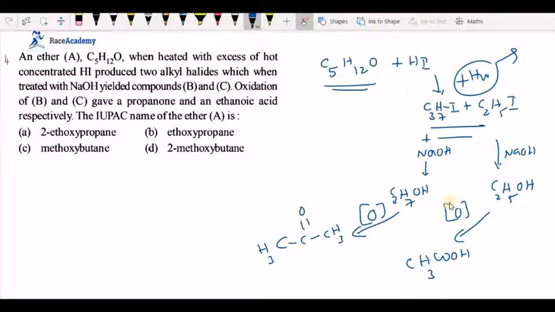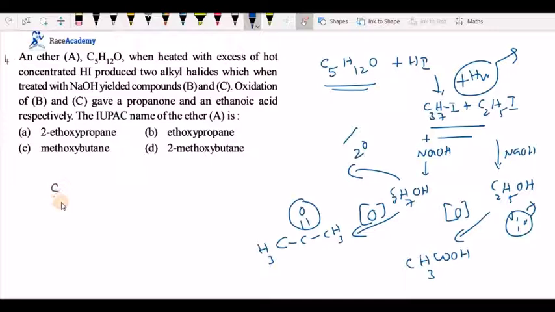Ethanoic acid means acetic acid, CH3COOH. On seeing this, we can understand that the compound given is an ether. What kind of alcohol it is: when we get ketones, that alcohol should be a secondary alcohol, and when we get carboxylic acid, that is a primary alcohol, as we know. First we get aldehyde, then after that carboxylic acid. So what is the secondary alcohol here?